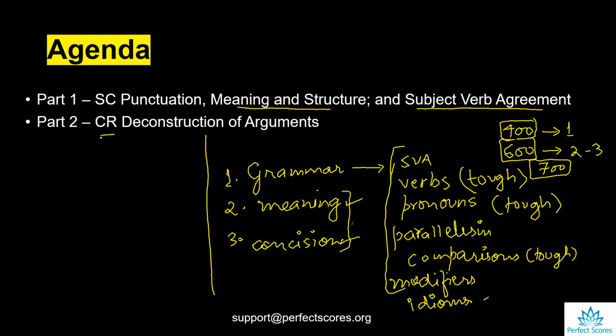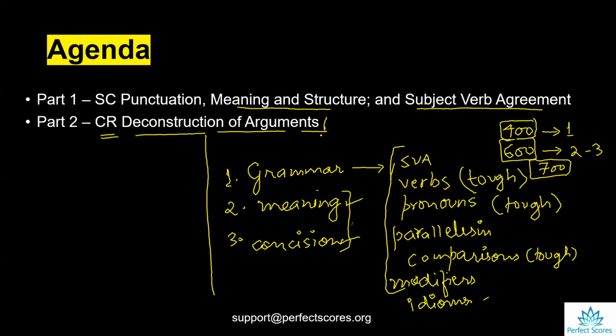And regarding the critical reasoning arguments, in today's class we will not be looking at options or solving questions, but we'll be looking more at deconstructing arguments. Because if you're not able to deconstruct the argument correctly, there's no chance that you will get the question correct.